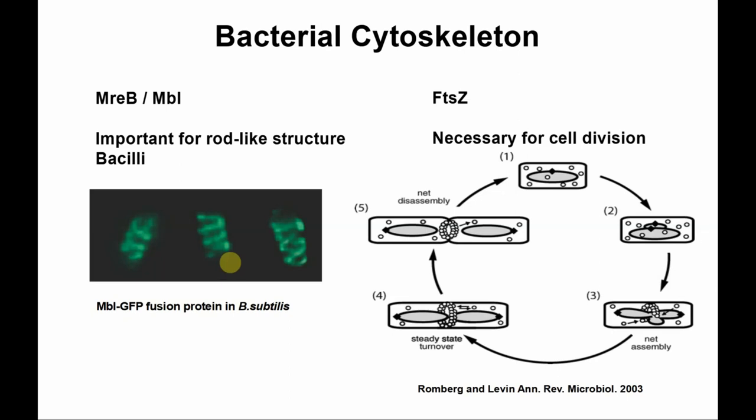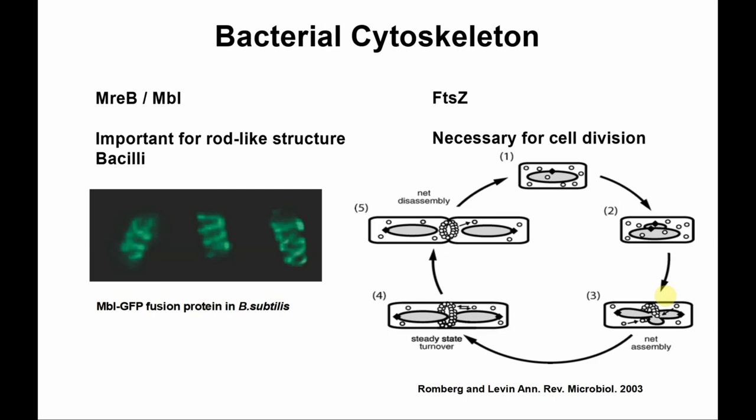So that's kind of what's happening here in the slide. So you've got the origin of replication there. DNA replication starts, and the two copies of the chromosome migrate to different ends of the cell. And what happens is that at the center of the cell, you have FTSZ, which starts to polymerize. So at the beginning of DNA replication, FTSZ is in a monomeric form.